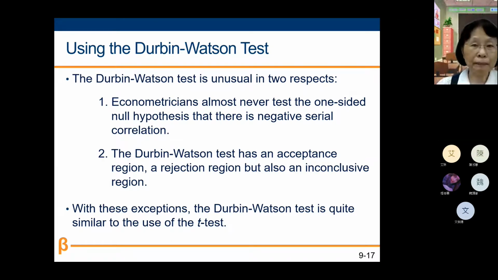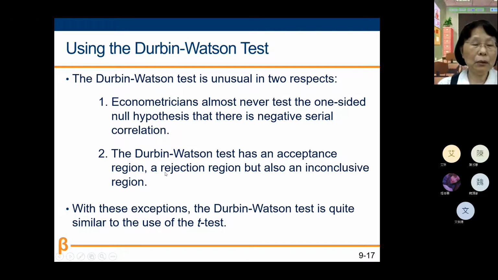So even with this Durbin-Watson test, we never test the one-sided null hypothesis of negative serial correlation.